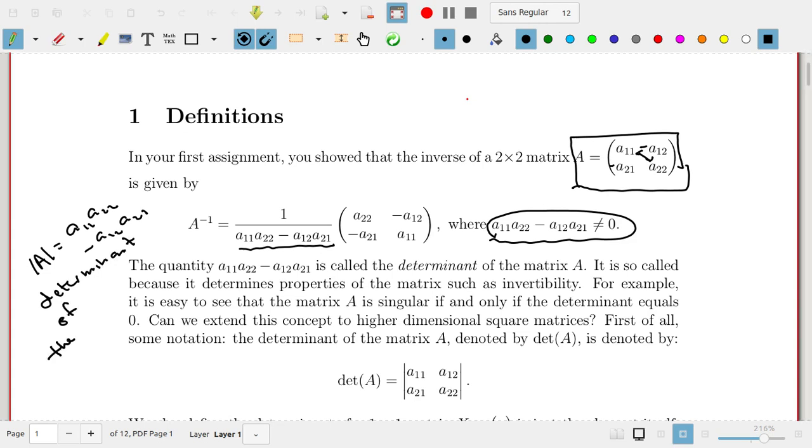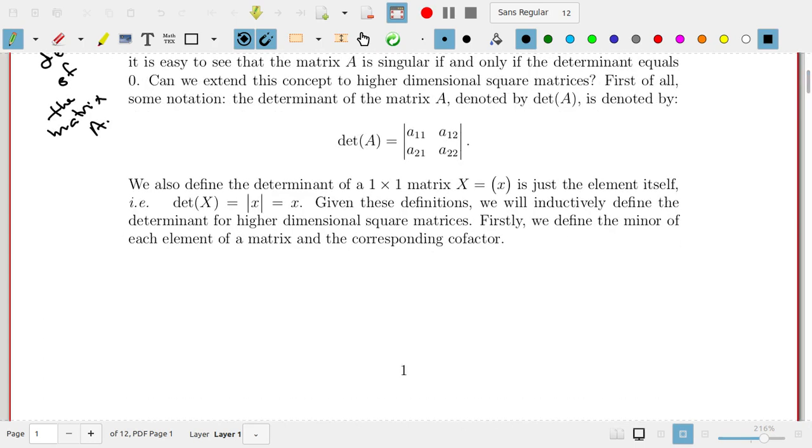Now notice that the determinant is only defined for square matrices. You're not going to find determinants for m by n matrices where m is not equal to n.